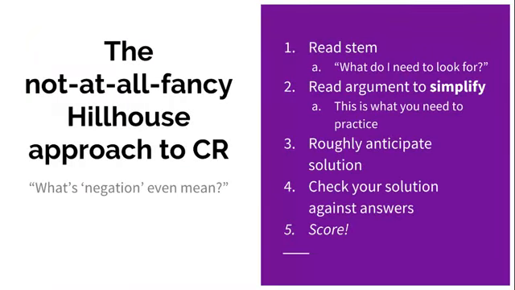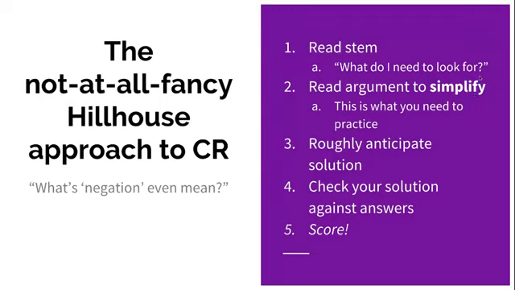Okay, so how we approach critical reasoning. As you can see, we are not super fancy about it, especially in this video. We're not going to talk about 15 different question types or strategies with strange names. In fact, we're going to take a very simple approach to it. The first thing that you want to do is read the stem so that you know what you need to look for.